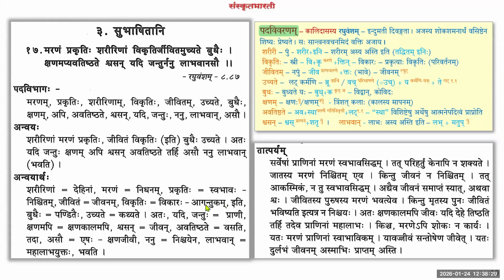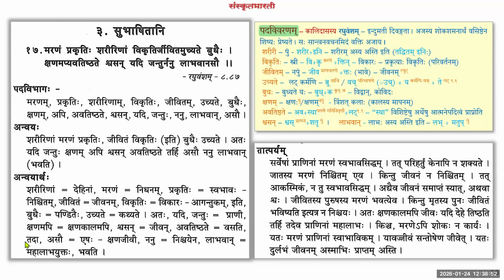Agantukam is a paryaya, something that temporarily comes and goes. Iti budaihi panditaihi uchyate kathyate. Ataha yadi jantuhu prani. See, they have taken jantuhu for animal literally because of shwasa. So prani kshanam api kshanakalam api shwasan jivan avatishtate vasati.